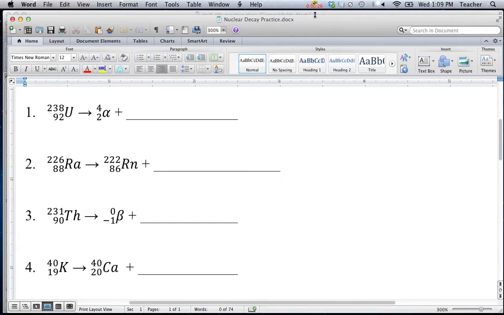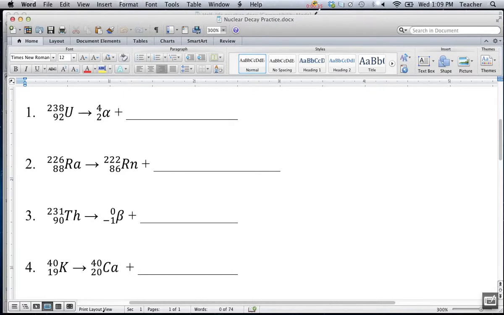For this, and in order to reference all the information that you're going to need, you definitely need to have your periodic table out. In addition, you need to have your notes for the different types of radioactive decay as well as the subatomic particles, because any of those can be some of these missing pieces.